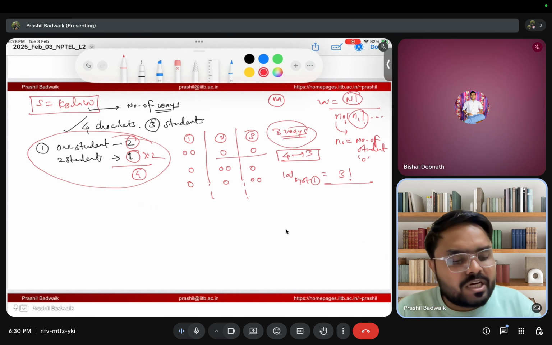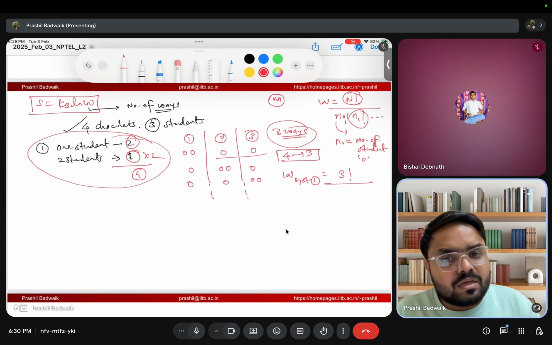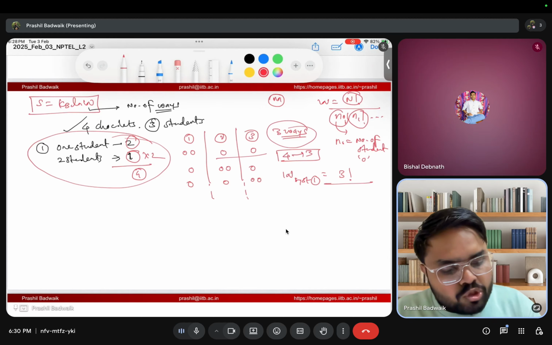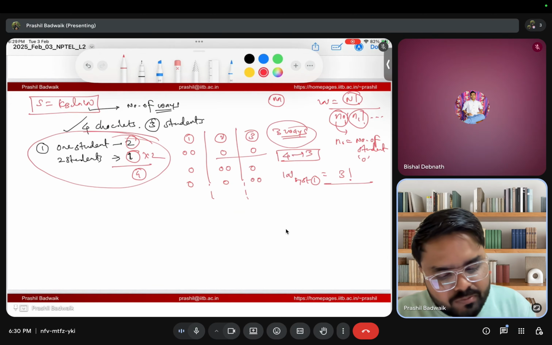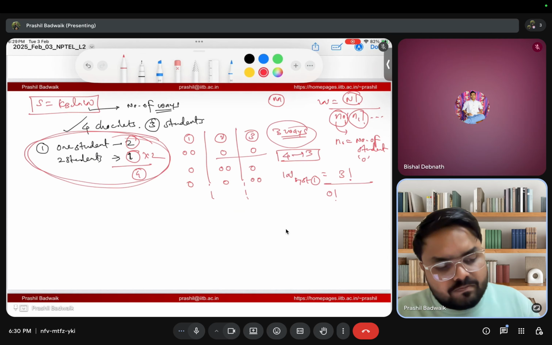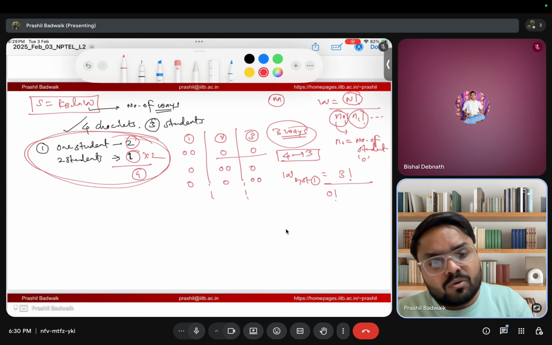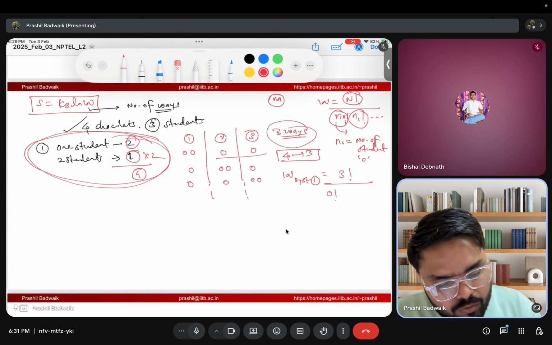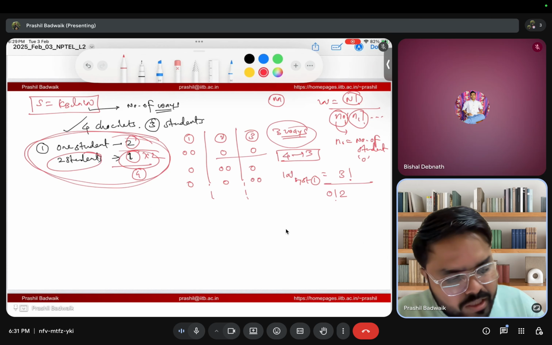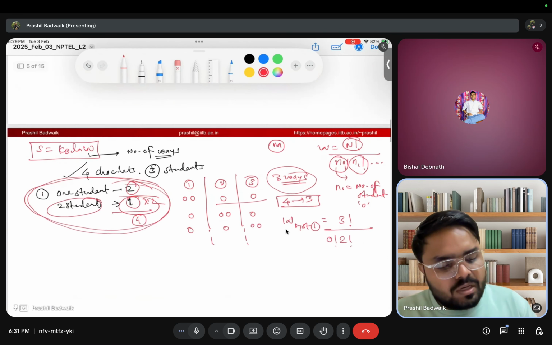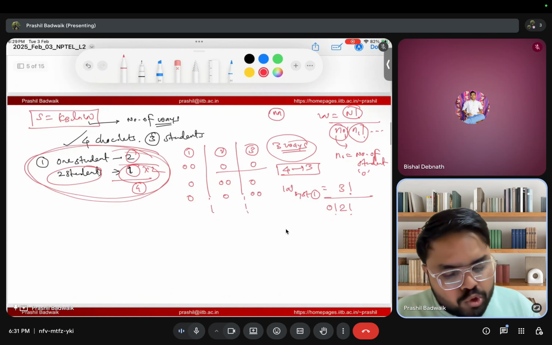And capital N stands for the number of chocolates, right? How many students are there with zero chocolates? There is no student with zero chocolate, right? This is my distribution, so n0 is equal to 0. How many students are there with one chocolate? Two students are there with one chocolate, correct? Then how many students are there with two chocolates?